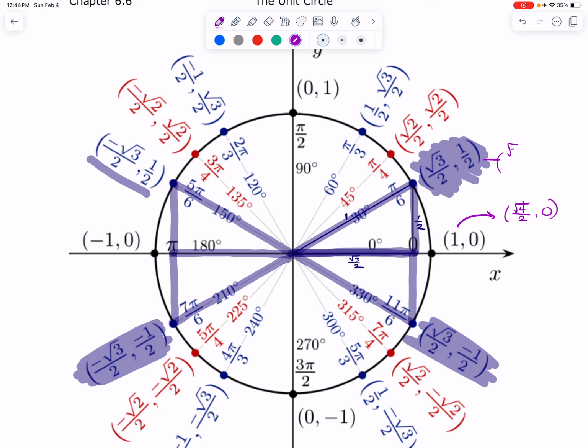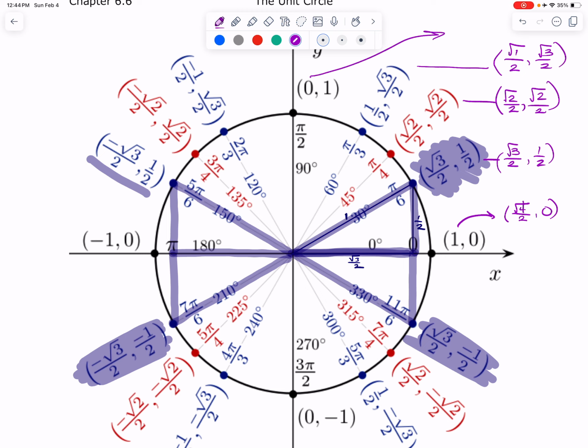So I got square root of 4 over 2. If I'm looking at my x's, square root of 3 over 2 is next. Square root of 2 over 2. And then just to be consistent, I can write 1 as square root of 1 over 2. And square root of 0 over 2.